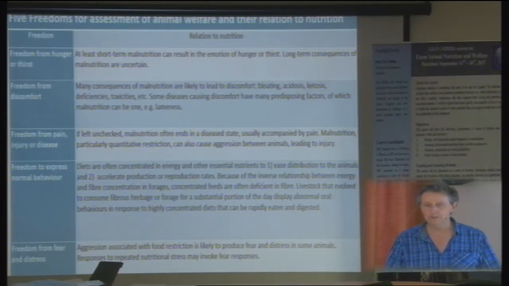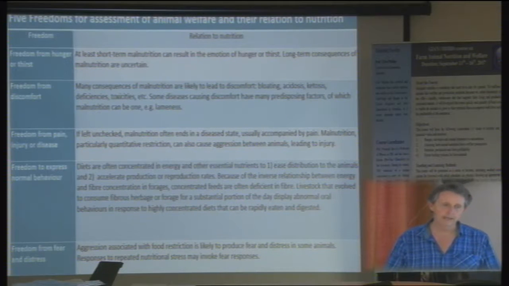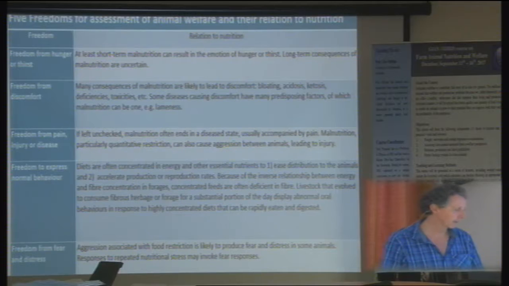I've talked about cattle that normally, when they're out at pasture, will be consuming about 40,000 bites of grass every day. If we stop them doing that by giving them concentrated feed inside, then they're not able to perform their normal behavior. They start performing stereotyped abnormal behaviors, tongue rolling, licking their bars, things like that.